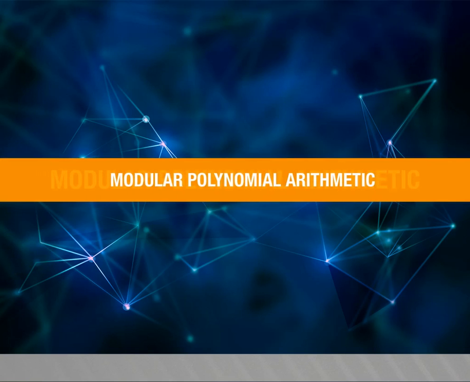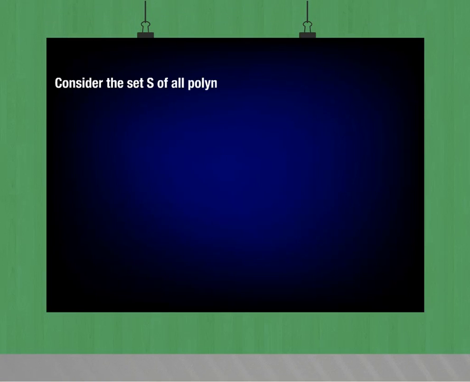Modular polynomial arithmetic. In this video, we are going to see about modular polynomial arithmetic. Consider the set S of all polynomials of degree n-1 or less over the field Zp.